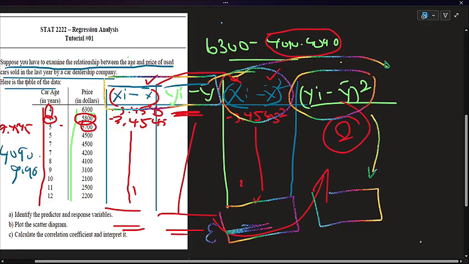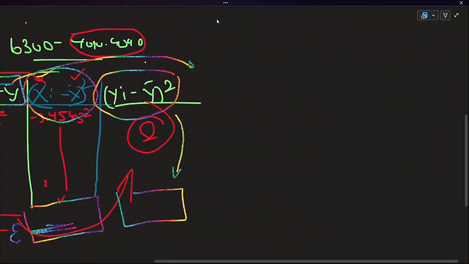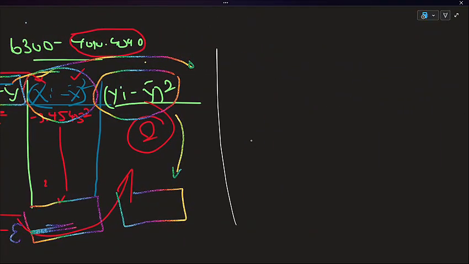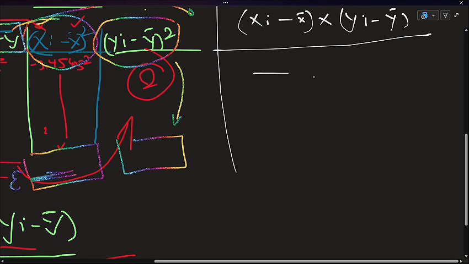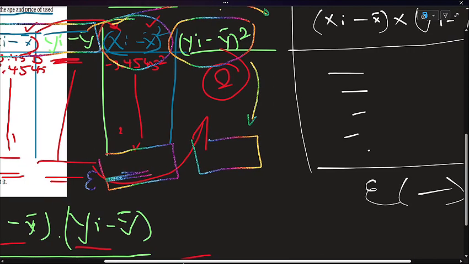You write another column for xi minus x bar multiplied by yi minus y bar. Just add the column, write all the values after multiplying, then take the sum of all the values. Very easy, buddy.